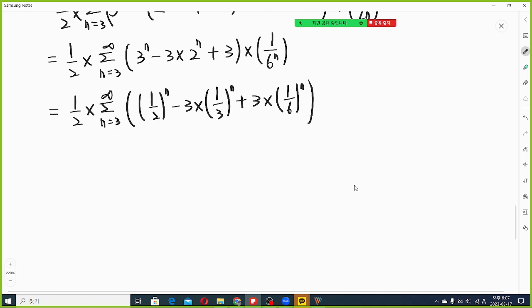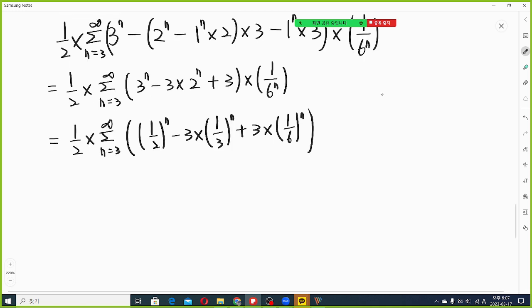And then we are going to use the formula for the infinite series. The formula is this, and in this case, the absolute value of r should be less than 1. And because they are all less than 1, we can use this formula.